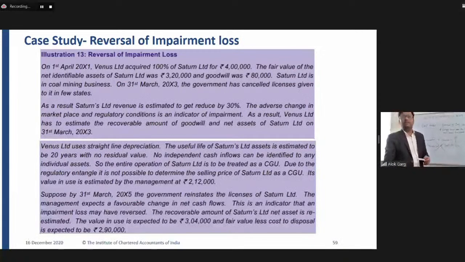So now we'll discuss this case study, reversal of impairment loss. This is a comprehensive case study, and this will give you a proper insight on how to reverse an impairment loss.